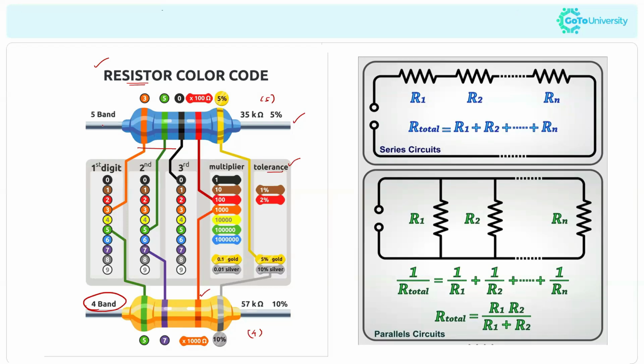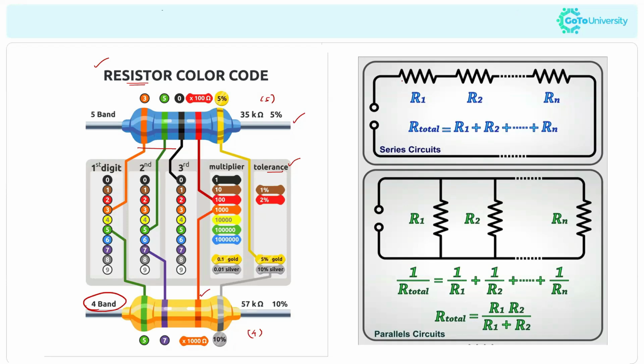In case of five bands, the first three bands give us the value of resistance, the fourth band gives us the multiplier, and the fifth band gives the value of tolerance. So this is how we have to calculate the resistance value by using the resistor color code method.